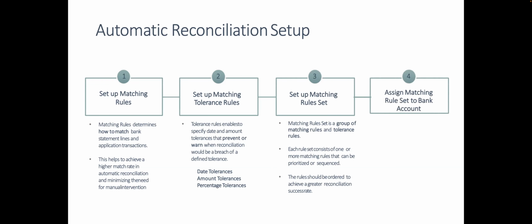You assign it to the bank's account. And that's basically how it works. And then in the reconciliation processing, you submit the auto reconciliation process. Now, what I need to do is let me just kick that process off.